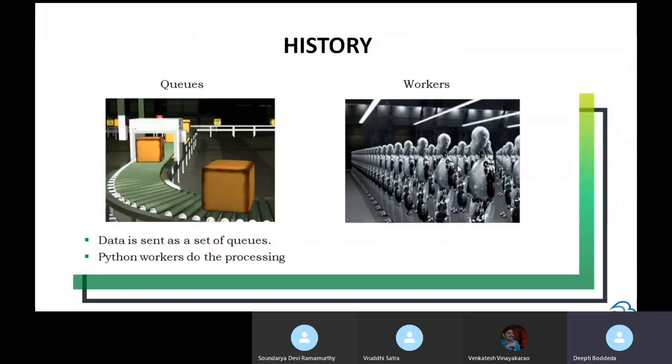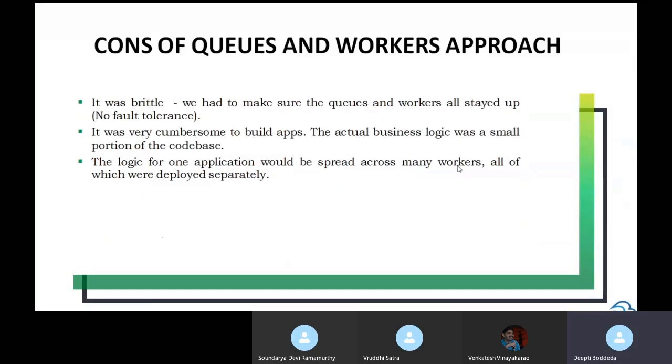Here, the data is sent in the form of a set of queues, and the workers are Python workers who actually do the processing part. There may be two or more Python workers also, but there are many disadvantages of this queues and workers approach. The first point is that it was brittle, with no fault tolerance, and you have to manually make sure that every queue and worker is alive.